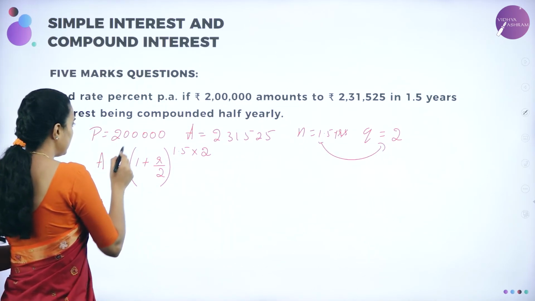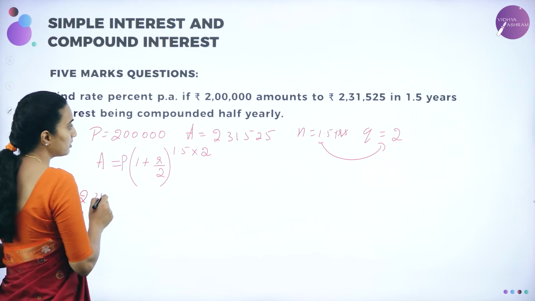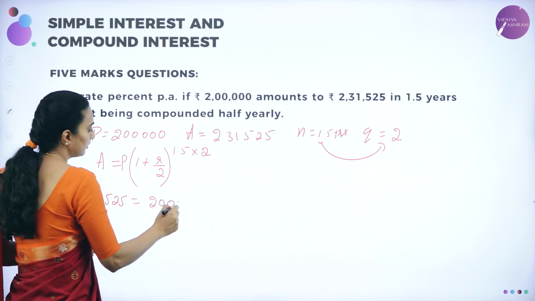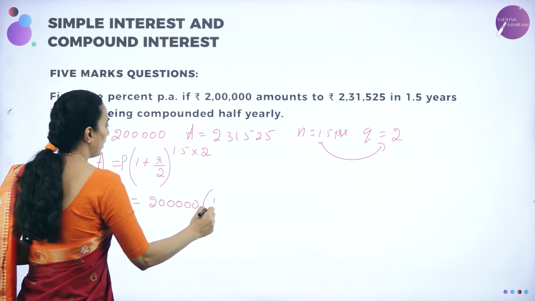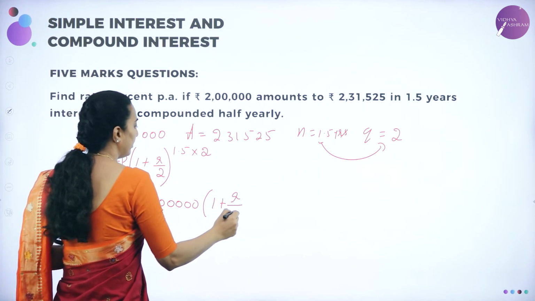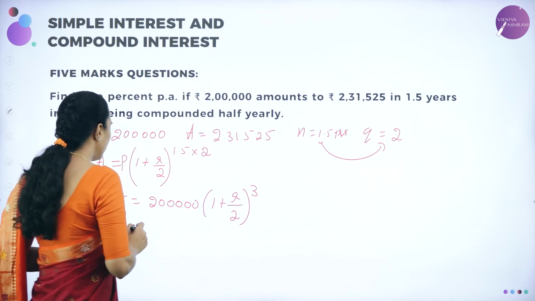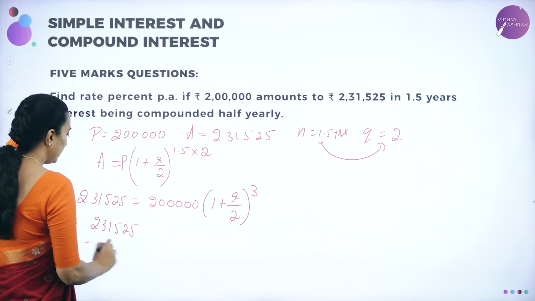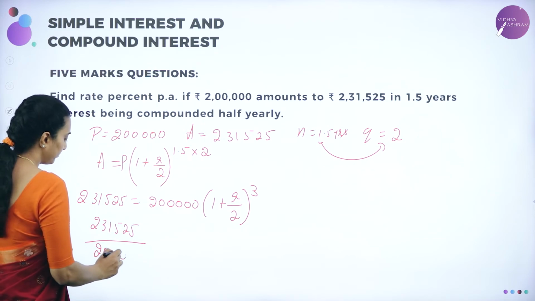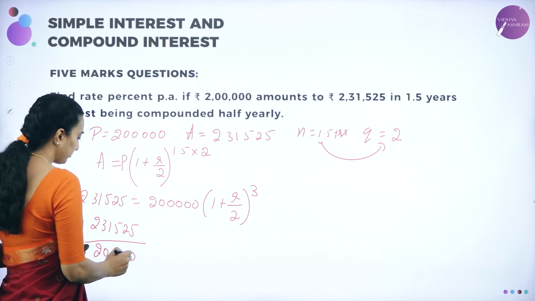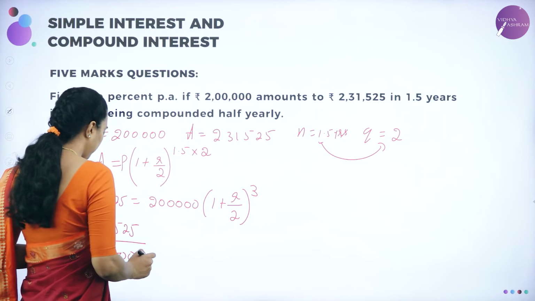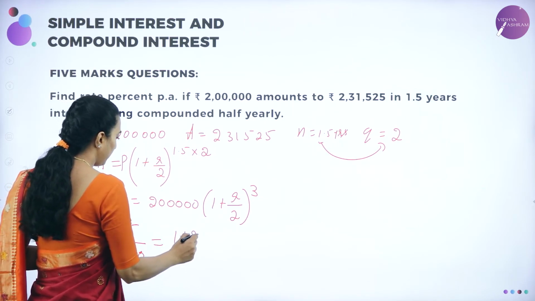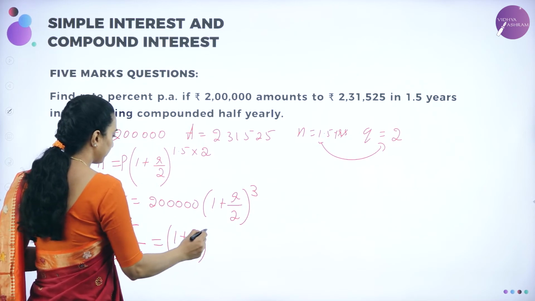Next, by substituting, 2,31,525 is equal to 2 lakh into 1 plus R, which we need to find out, divided by 2, whole power 3. So I can write this as 2,31,525 divided by 2 lakh, which is equal to 1 plus R by 2 whole cube.